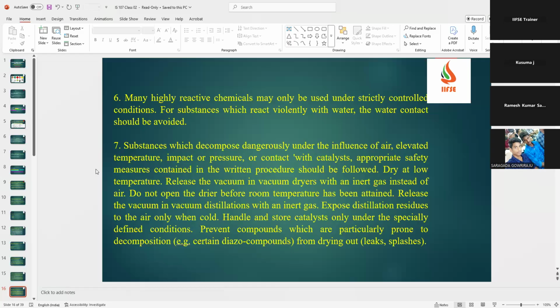Then any impact or falling from heights, or something falling on that bag, it also decomposes, or pressure or contact with a catalyst, etc. All these things are possible. So we should use a standard operating procedure to handle such chemicals. Okay.